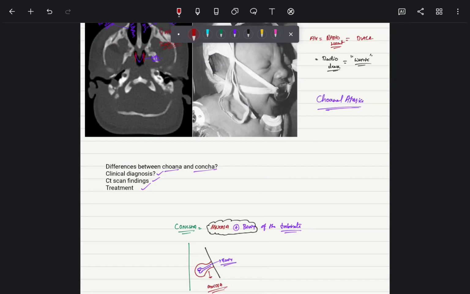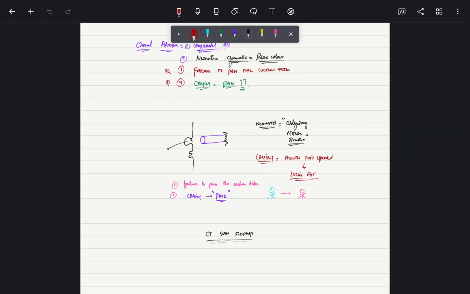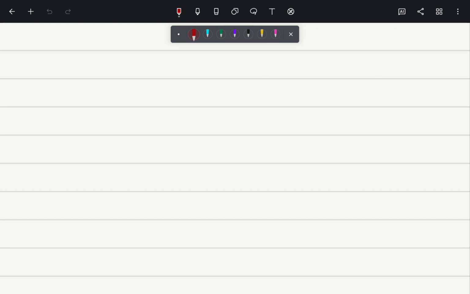So what is the treatment for this patient? The treatment is you place a wide bore nipple, or we can simply call it McGovern's technique. Okay, McGovern's technique.